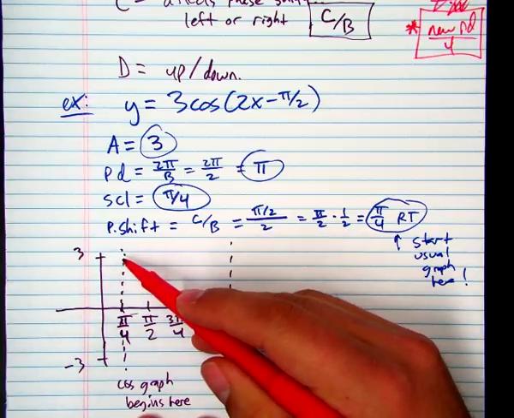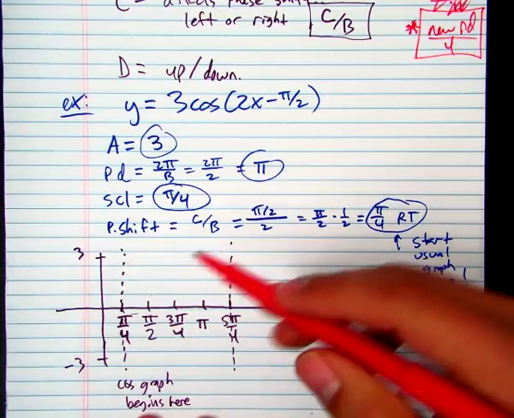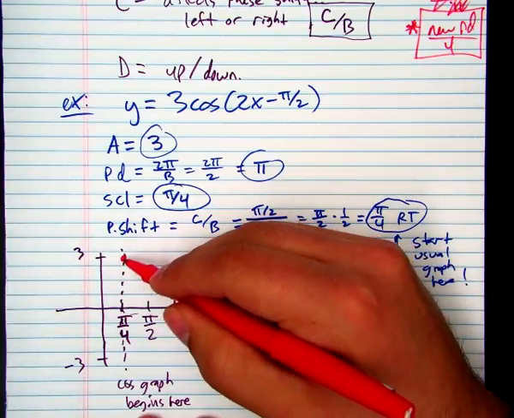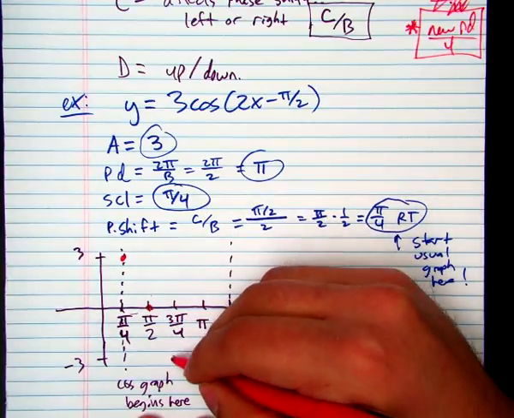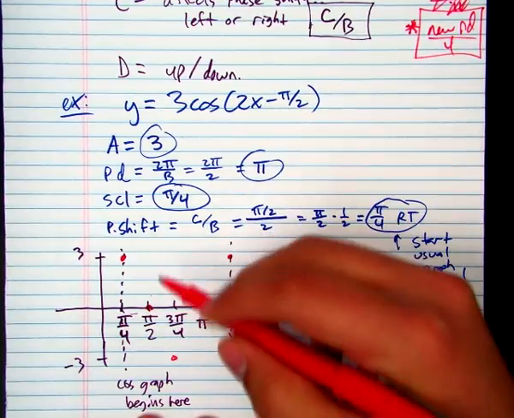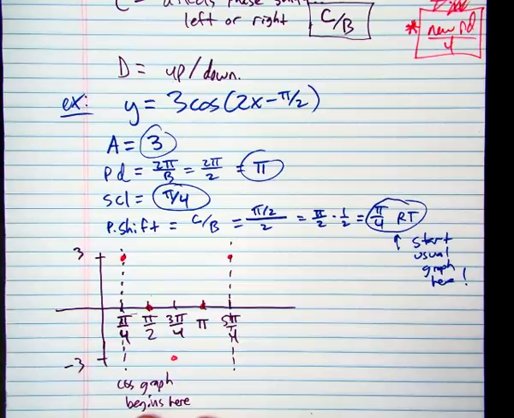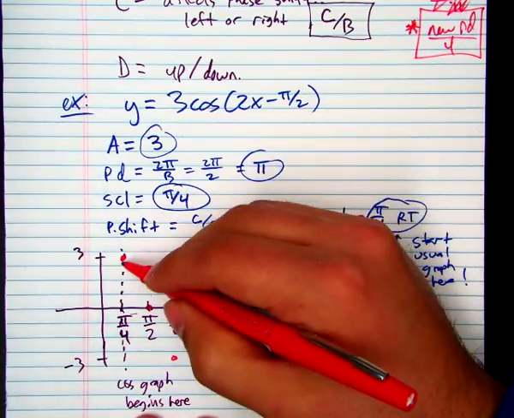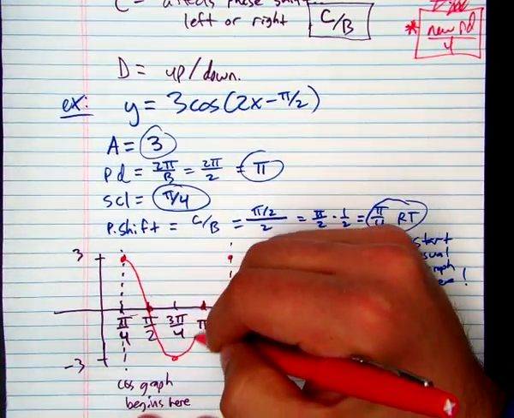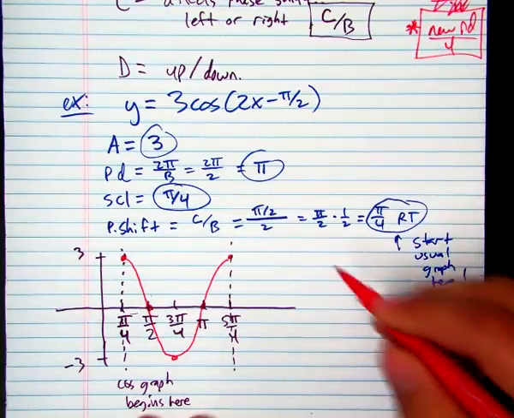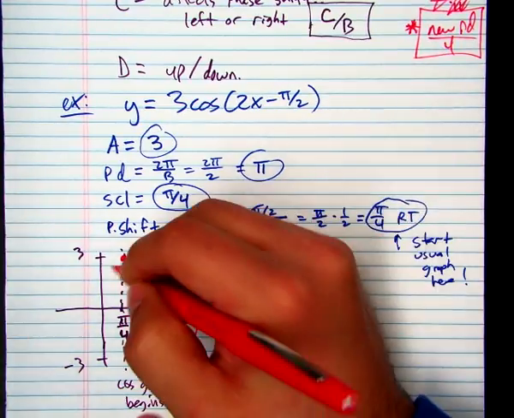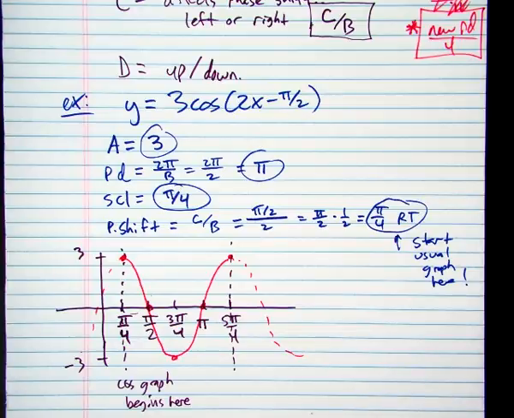So how does the cosine graph start? At the top, and then goes down. So you're going to fill in, see what I mean, the parent function points. That's not going to change. And you're going to draw your usual wave. And if you wanted to, you could draw more, but you don't need to. All we're going to do is one period. Okay?